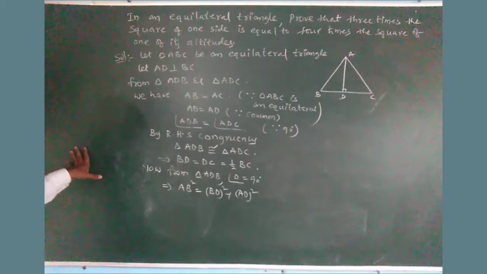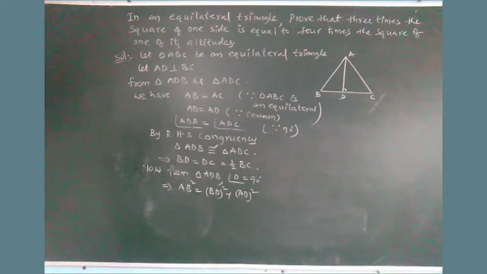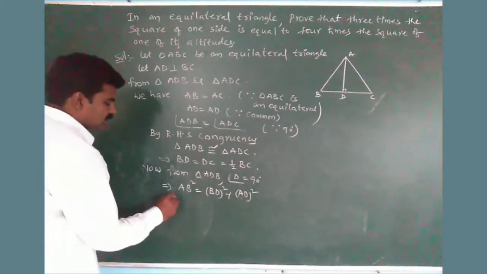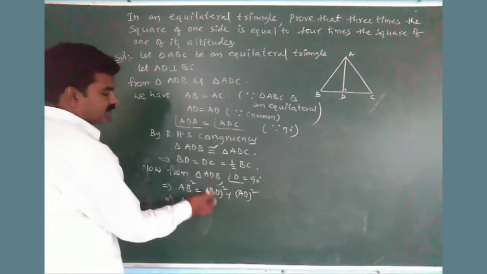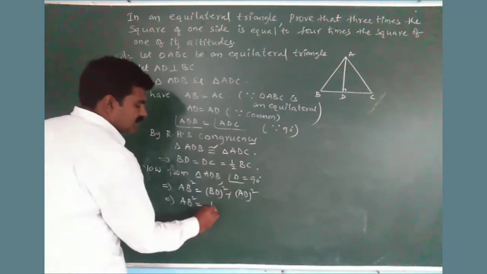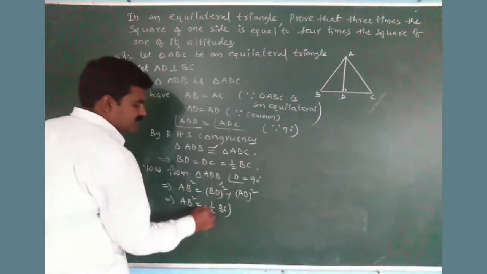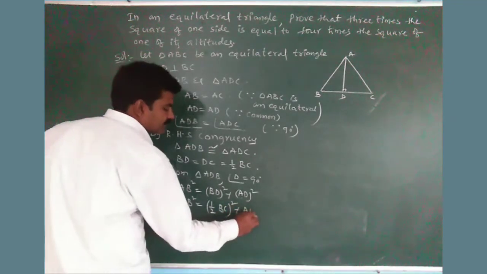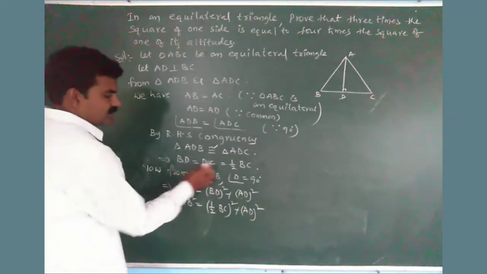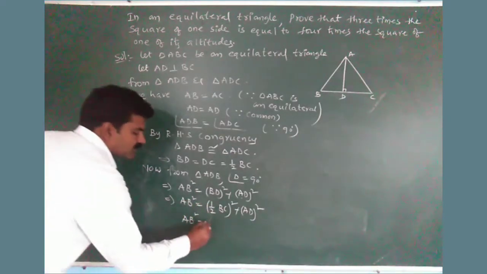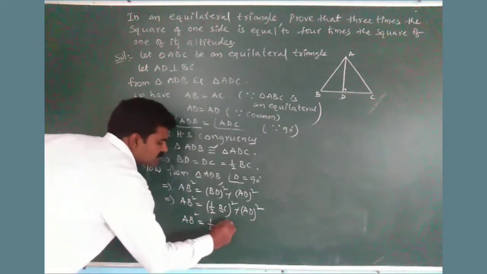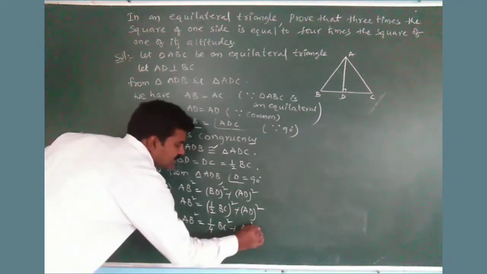Now BD is equal to half of BC, so AB square is equal to 1 by 4 BC square plus AD square.